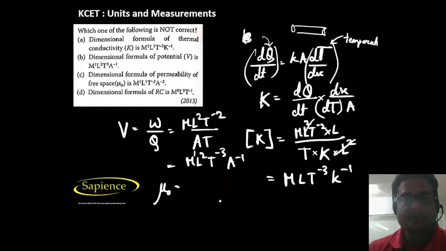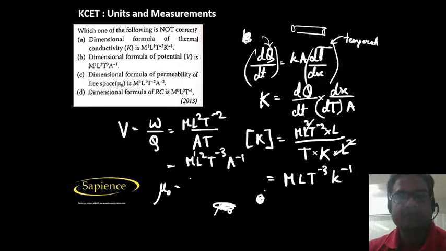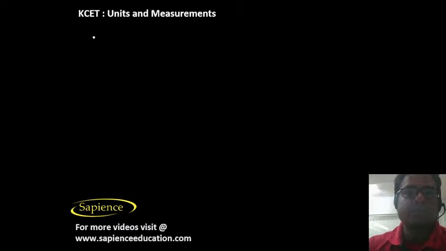So we know that permeability of free space, we can say, B squared by 2 mu naught is the energy, and we know Biot-Savart's law says that dB vector is equal to mu naught by 4 pi into dl cross r by r cube.